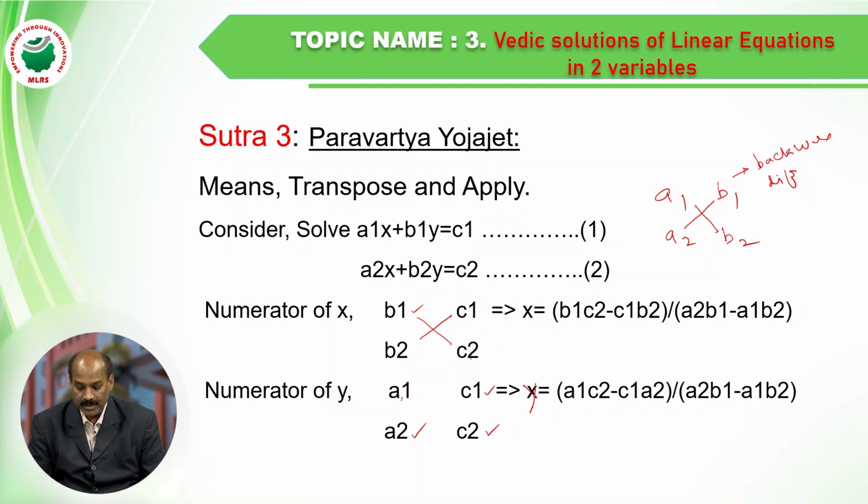So y is given by the forward difference a1 into c2 minus a2 into c1, divided by the same denominator, the backward difference, a2 into b1 minus a1 into b2. By using these two formulae, we determine the unknown values x and y. Now we will use these formulas to solve some problems.